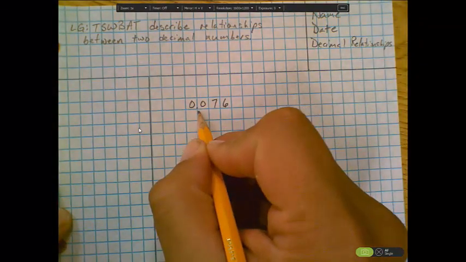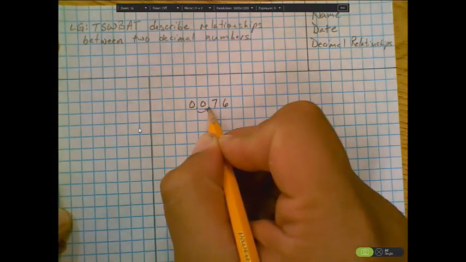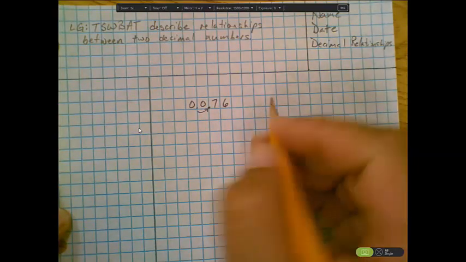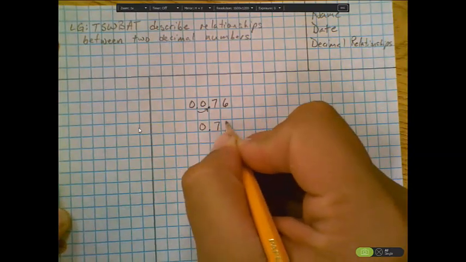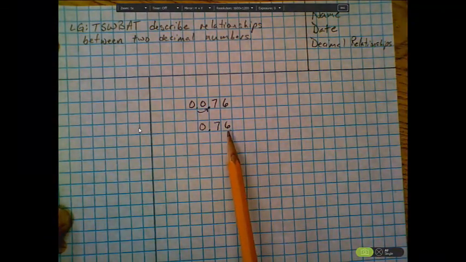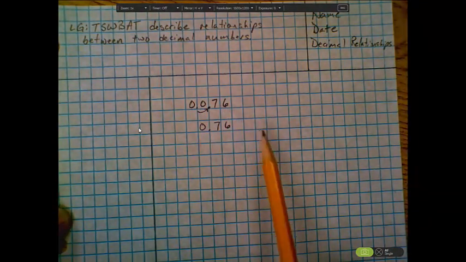So we're going to take the decimal place that's right here, move it over one place value, put it here, and then rewrite it as 0.76.